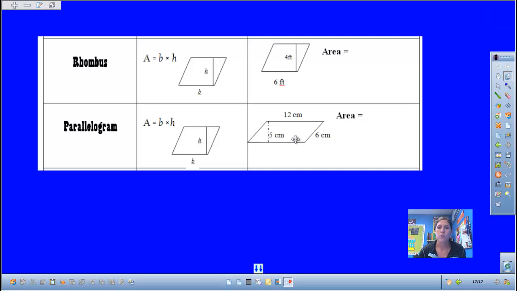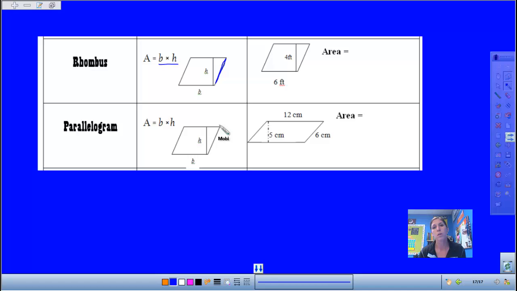As we move down your chart, the next one we're going to do is a rhombus and a parallelogram. Again, 4-side figure, very similar to a square and a rectangle, except it does not have right angles. So it's a little bit different. Again, the area for a rhombus, much like a rectangle or square, is the base times the height. The biggest thing you have to remember is the side that is slanted is not the height. Just think, when you measure your height, you don't stand and tip over to the side or lean one way or the other.